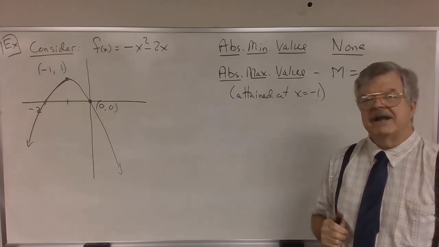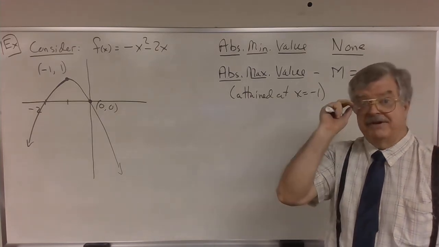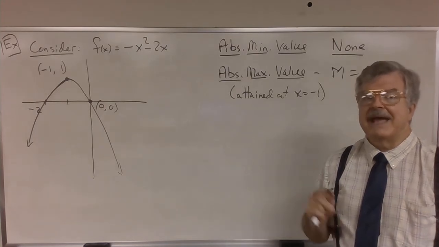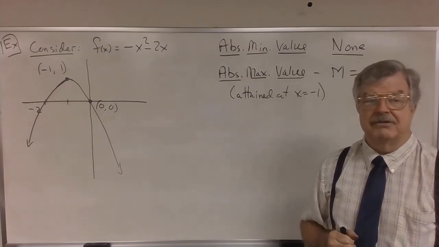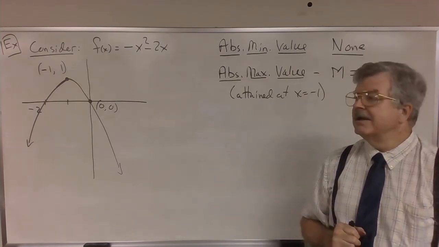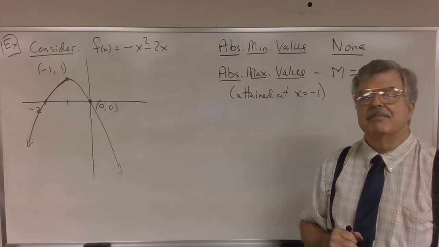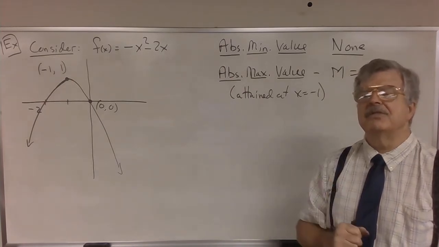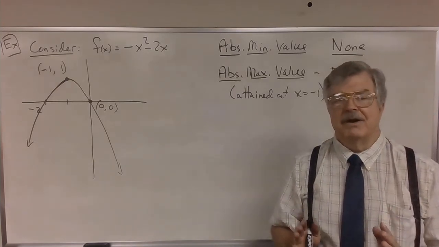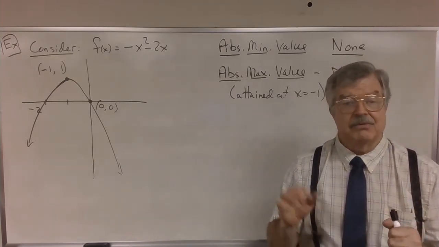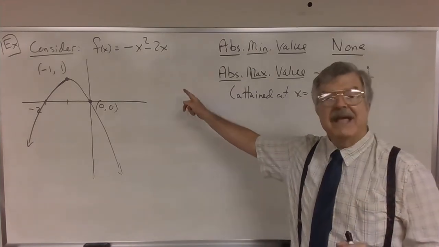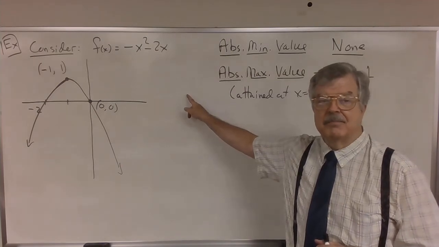Well, let's look at it this way. Suppose we have a profit function. Then we're going to want to know what the absolute maximum profit is. But we're going to want to know more than that. We also want to know the x value, the level of production, that will take us to that absolute maximum profit.